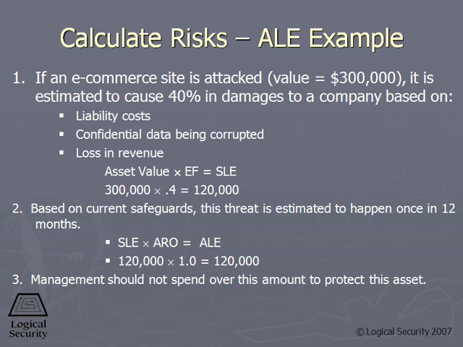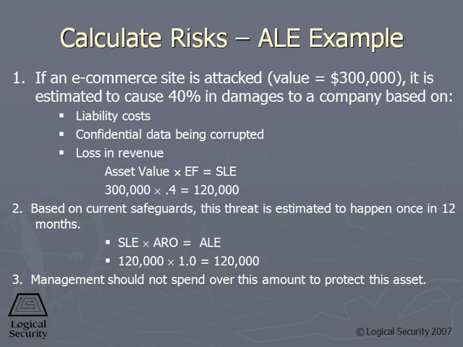That's for one time. If it happens one time, we could potentially lose that much amount of money, or that's how much we have to spend to recover. But of course, threats can happen more than once, so we have to figure out the probability. That's where the ARO comes in. We have the SLE, we multiply it times the ARO, which is how often we think it's going to take place.